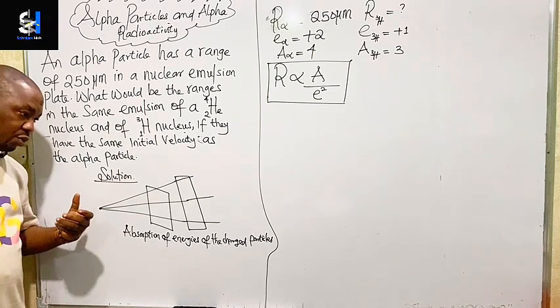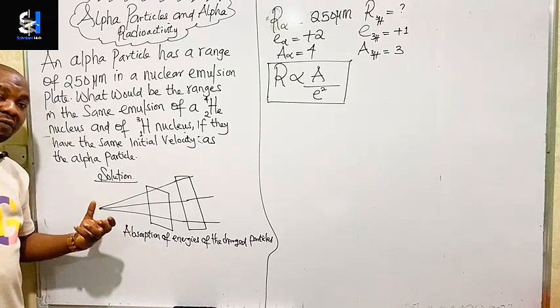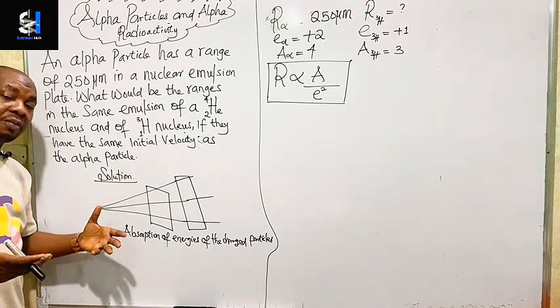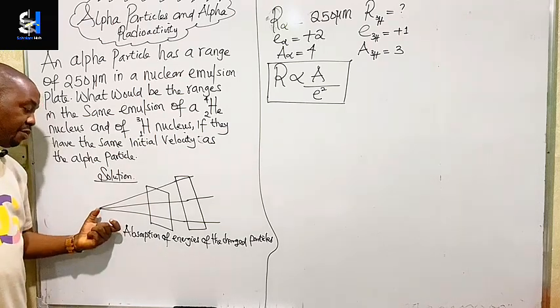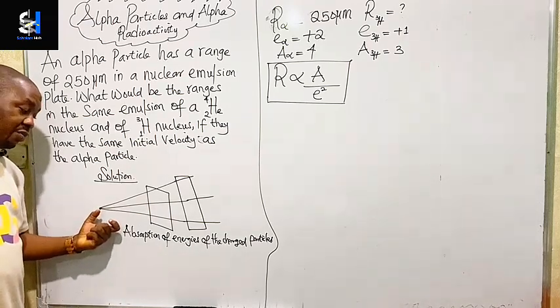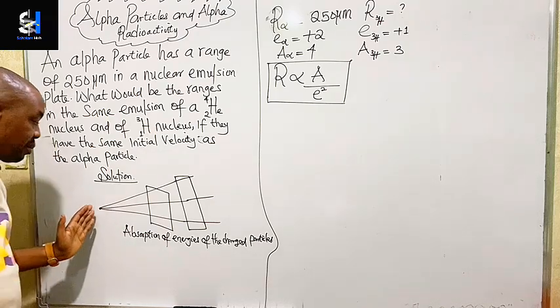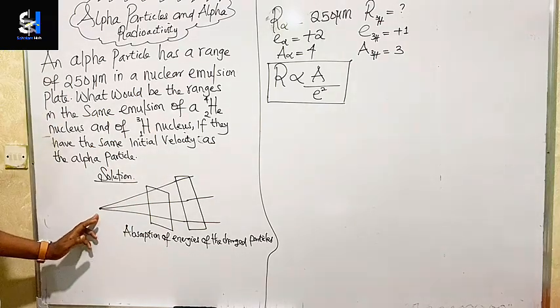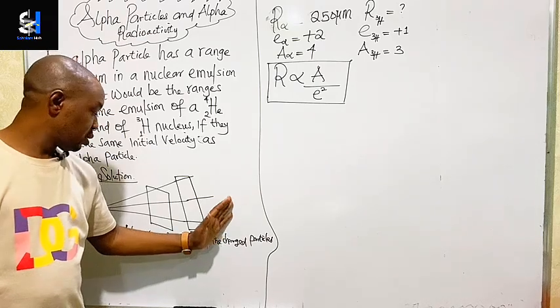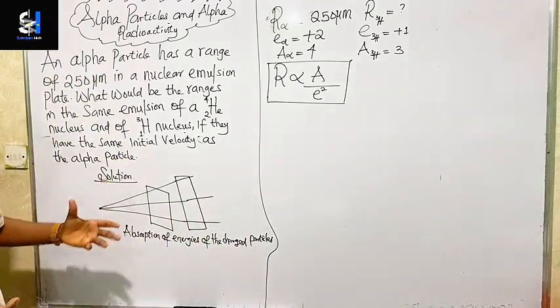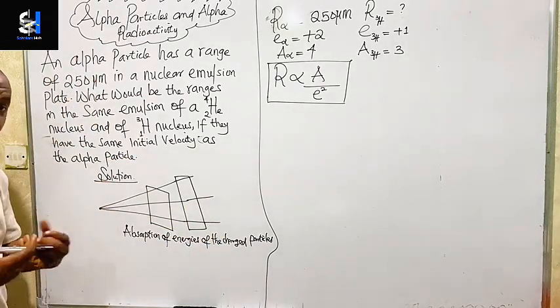That is why we have stopping power: alpha particles have high ionization ability. The alpha particle radiation which emanates from a point source, passing through the material, will suffer energy loss.